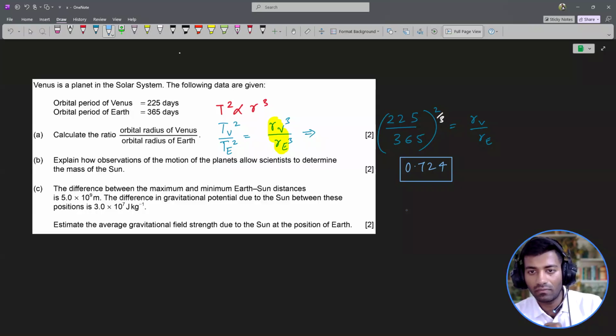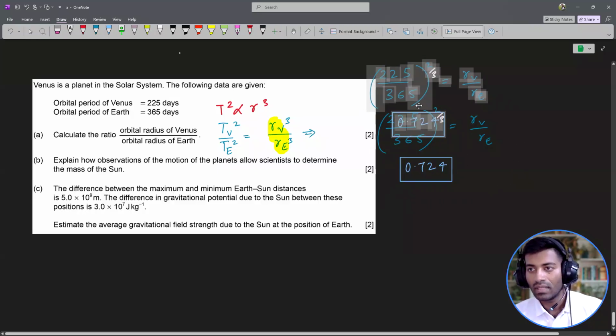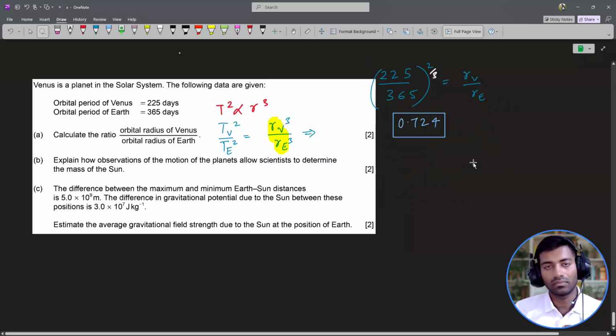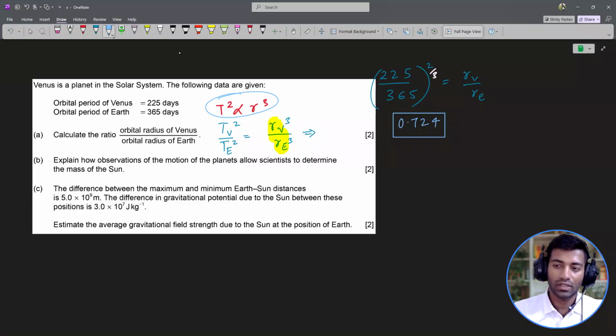Explain how observations of the motion of a planet allow scientists to determine the mass of the Sun. Now, this question is something almost all of us would have wondered about in childhood: how did they calculate the mass of the Sun? The interesting part is that in this equation, you can remove the proportionality sign, and that's where you introduce a proportionality constant.